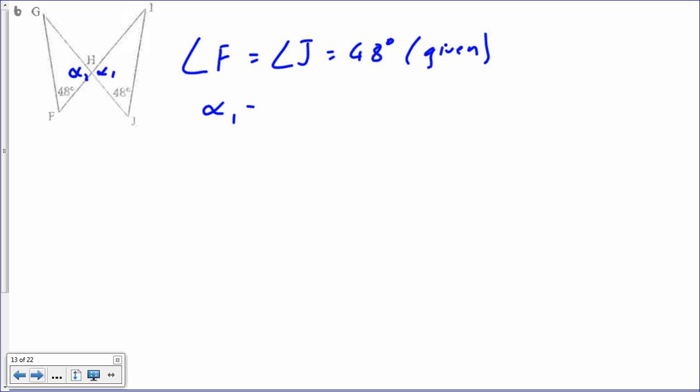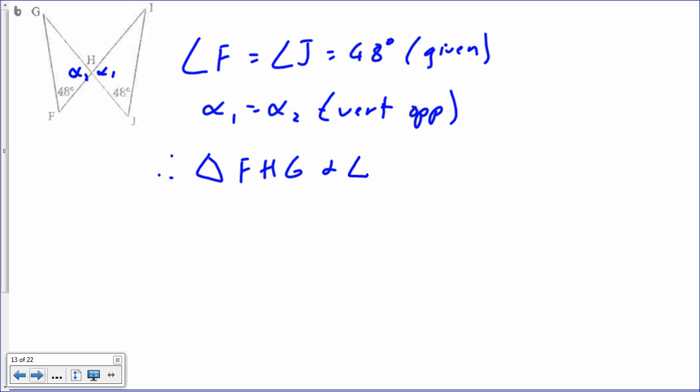So alpha 1 equals alpha 2, vertically opposite. Therefore, triangle FHG and triangle JHI are similar.